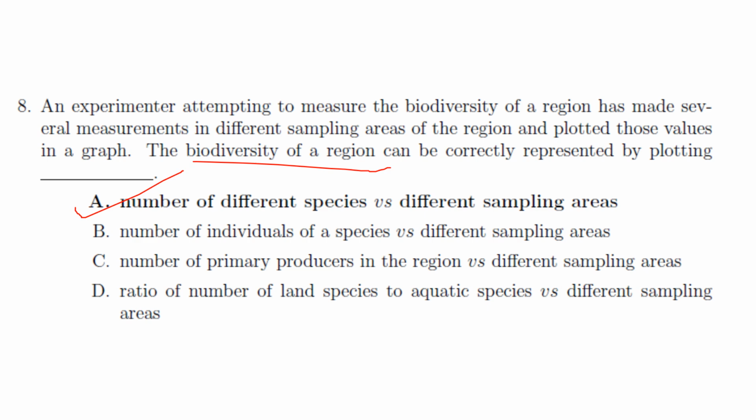Number of primary producers in the region will again show productivity, not biodiversity. The ratio of number of land species to aquatic species is not sufficient. You have to go for the number of different species itself. So D is also not correct. So A is the answer.